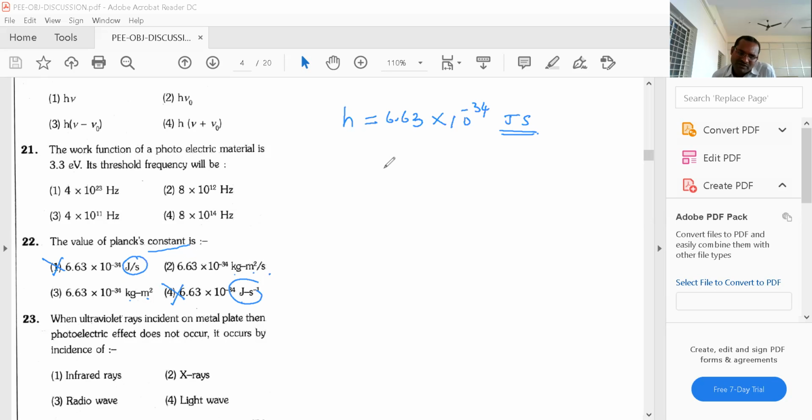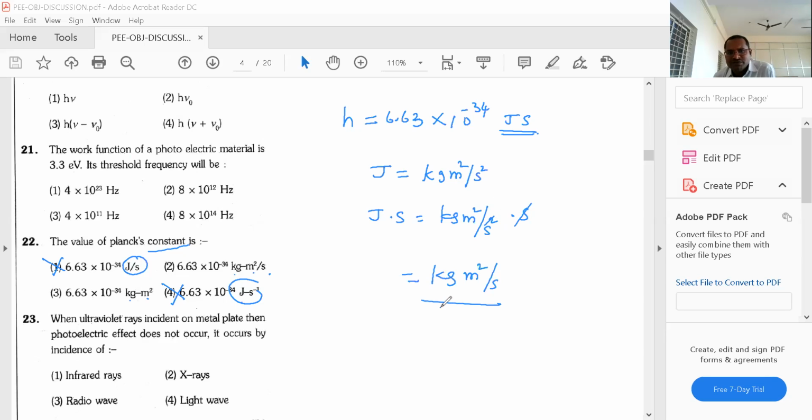What is joule? Joule is the unit of energy, which is kg meter square per second square. So when you multiply joule with second, you get kg meter square per second square into second. Second cancels. You get kg meter square per second.